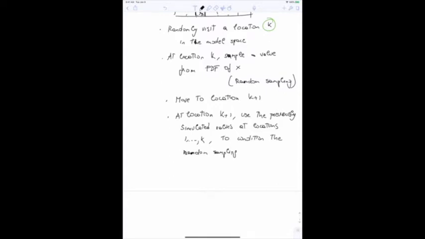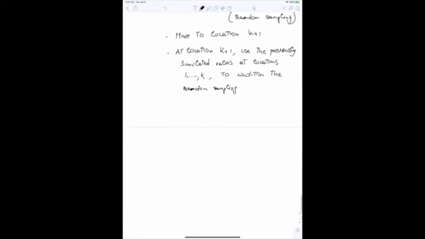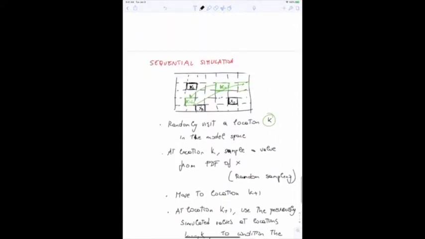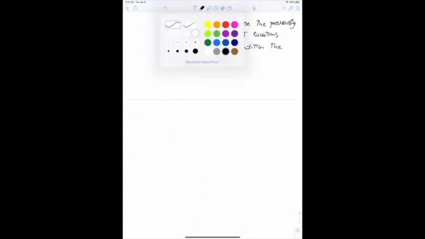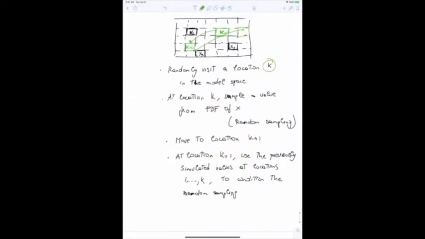I'm going to give you an example which should clarify how we do it. So in our graph here above, let's see if I can keep it in the same page. Well, I guess I can. So first we're going to start with location K equal 1. So we are going to define the PDF of X at location K equal 1. And this is going to be conditioned by the measurements X1, X2, and X3.